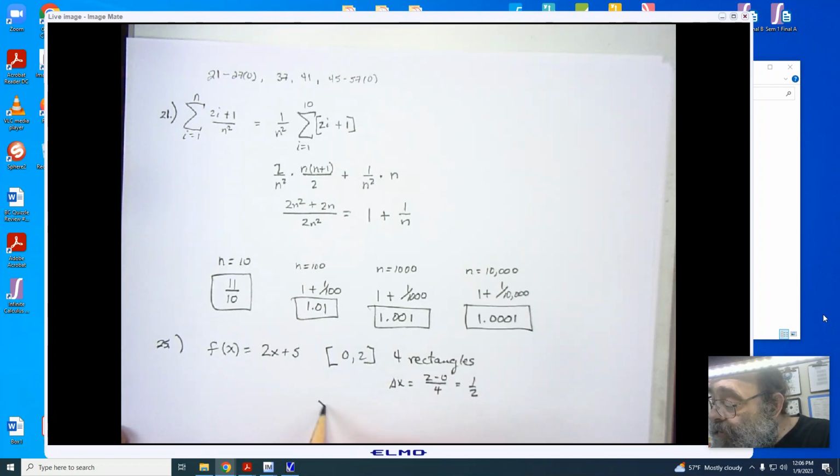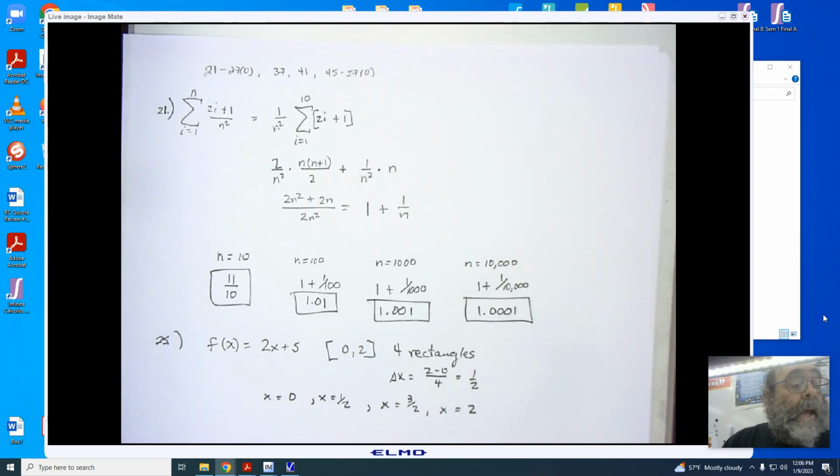So the x values that I'm working with are going to be 1/2, 3/2, 2, and 0. So notice we're going up by 1/2 each all the way from 0 to 2, and we're trying to work with rectangles.